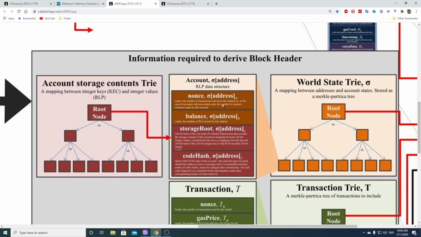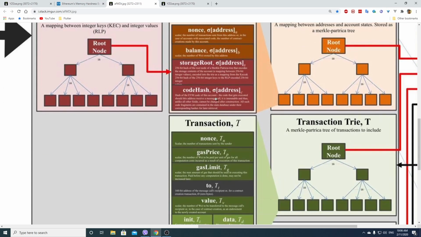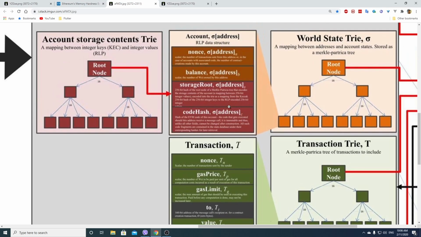So nonce, because we have to verify that the account nonce is the same as the transaction nonce if this account emits a transaction. So we have to keep track of that. We have to keep track of the balance, and we have to keep track of that storage root, and we keep track of the hash of the code if it's a contract. So this is for optimization, right?